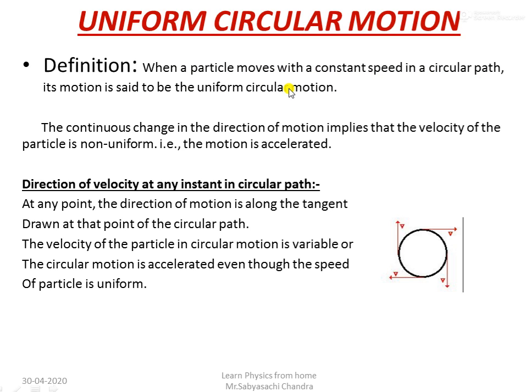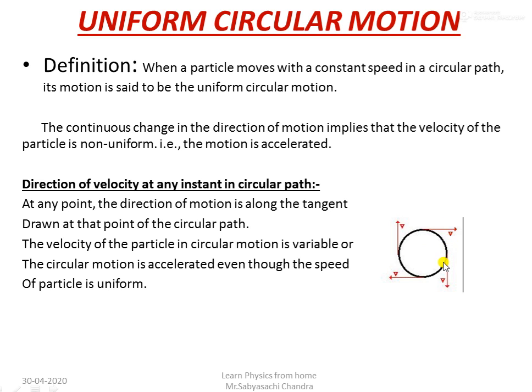Now, there comes some twist. The speed is constant, but when a body is moving in a circular path, its direction is continuously changing. The direction of motion of that particular body at a particular point is continuously changing.